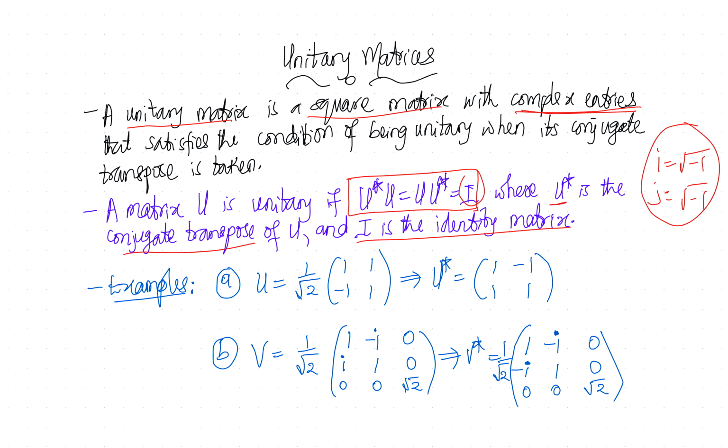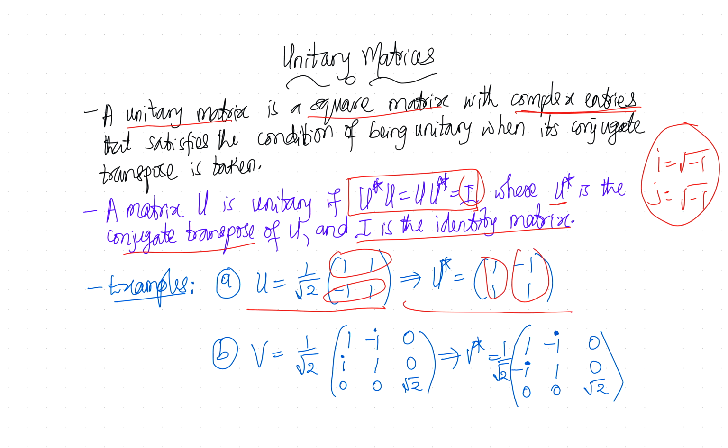Here, I'm just going to run over this because I'm not going to spend too much time on it. Here is your matrix U, which is 1 over root 2 into 1, 1, minus 1, 1. And this is the conjugate transpose, which is U star. So 1, 1 becomes 1, 1, minus 1, 1 becomes minus 1, 1 here. So that's the conjugate transpose.